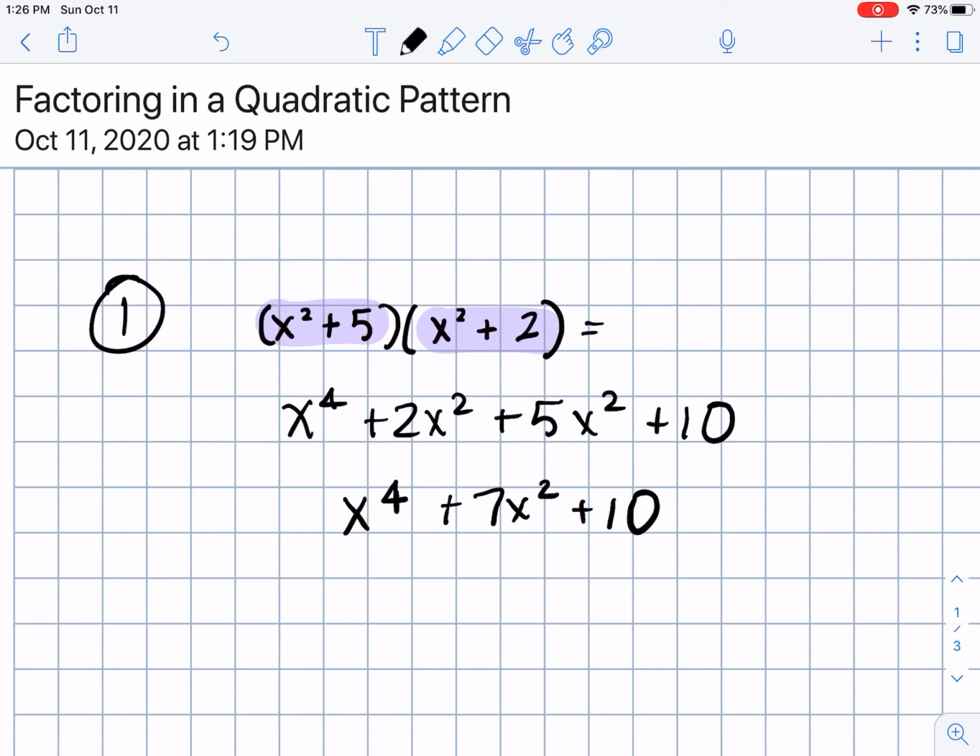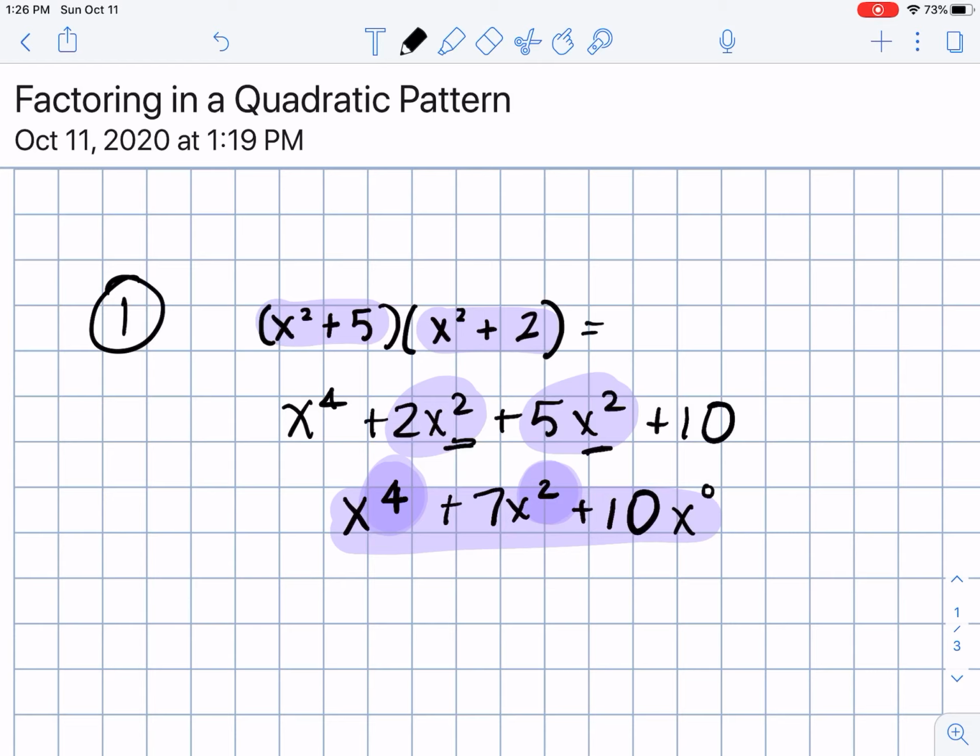And notice that this is sort of in a quadratic pattern in that it's a trinomial. The degree here is twice the degree here, and the degree of this is 0, right? This would be x to the 0 power. And also notice that when we multiply it out, these two terms in the middle have the same variable part, so they end up adding together.